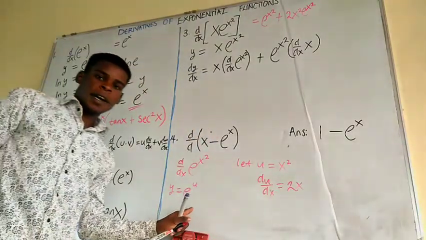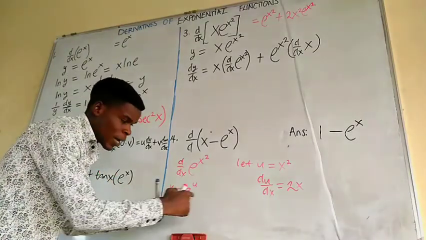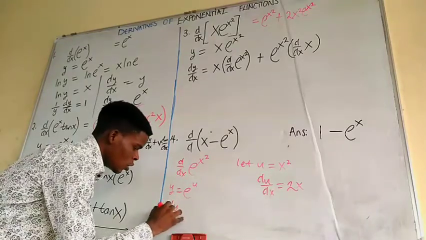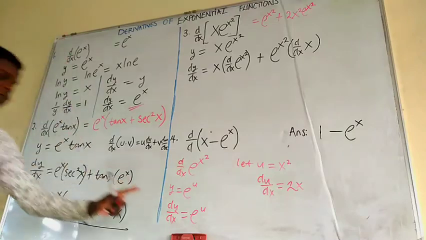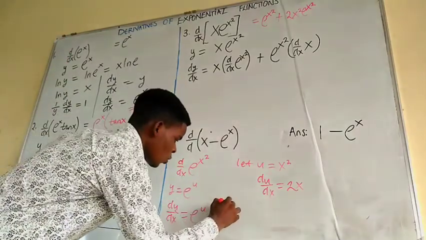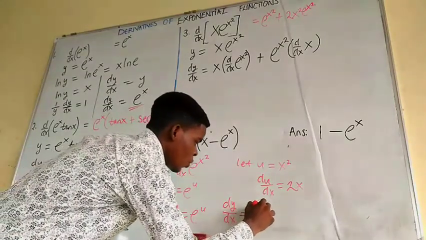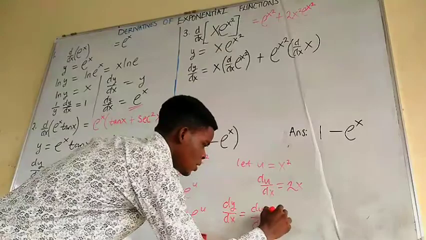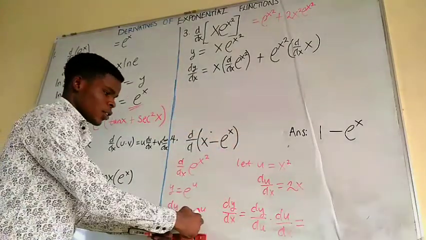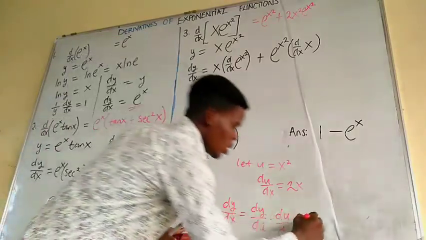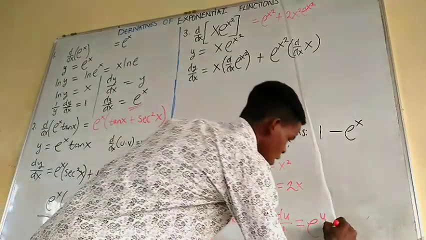So if you apply our chain rule here, for us to apply chain rule, we need to know what is dy/du. So dy/du is going to become still the same thing, e to the u. This one is in terms of u. So to apply the chain rule, we're going to have dy/dx is equal to dy/du times du/dx. And this right here will give us dy/du, that is e to the u times du/dx, and that is 2 times x.